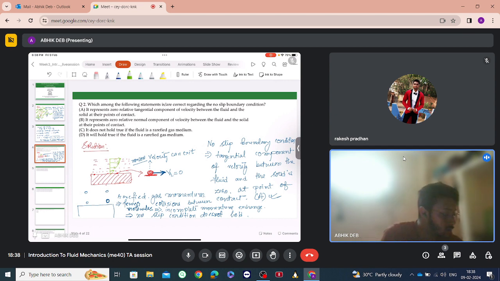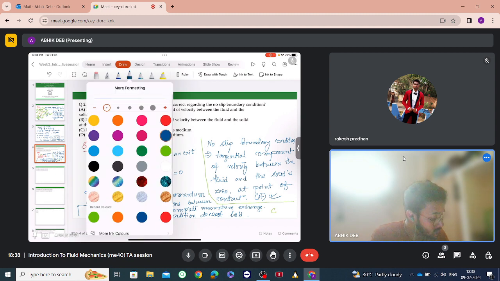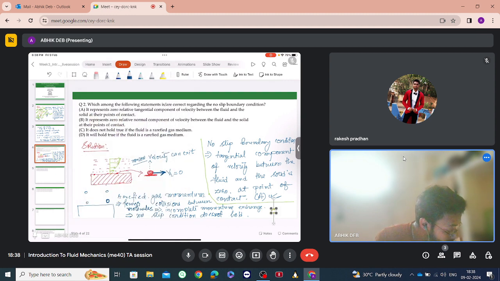That is why the no slip boundary condition does not hold true in a rarefied gas medium. So option number C is also correct. The correct options here are option A and option C. If there is any doubt in this, you can ask.